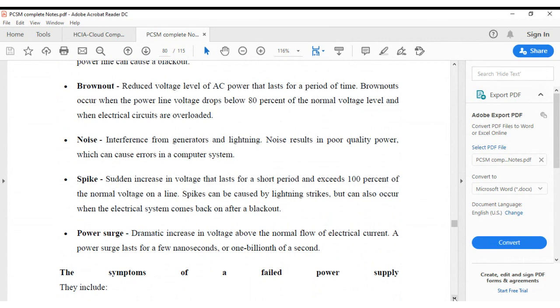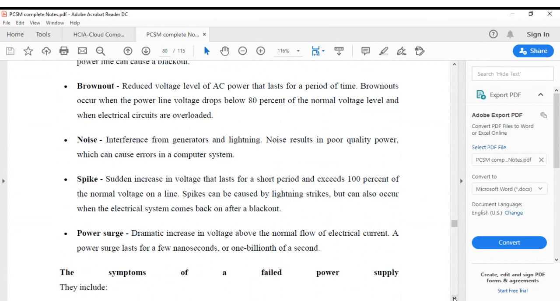Spikes can be caused by lightning strikes, but can also occur when the electrical system comes back after a blackout. You find there was a blackout, and again power comes suddenly, your computer can have a spike. A spike can cause damage to your power supply.